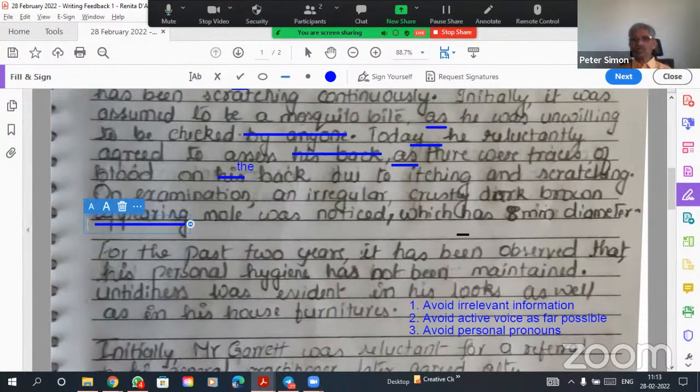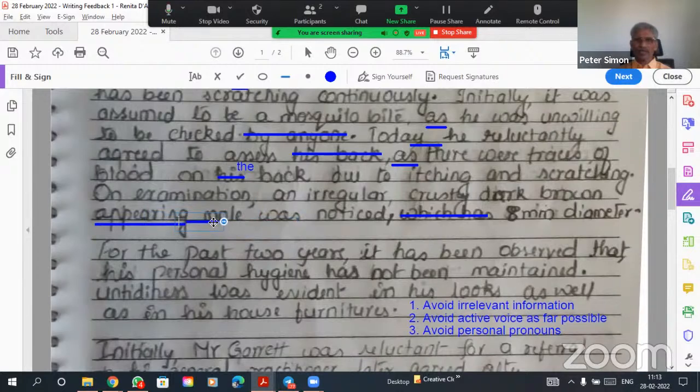Was noticed, which was it? Oh my God. This is next to mole every time. Mole, which has 8 mm diameter. Why do you want to write this one? Dark brown, 8 mm diameter mole, you can write here itself.